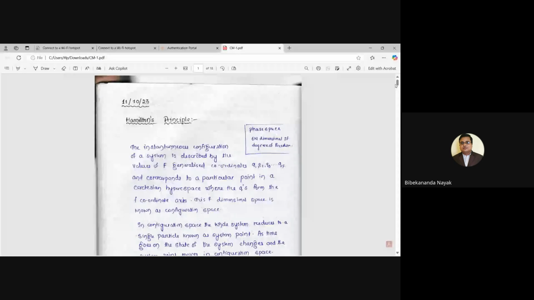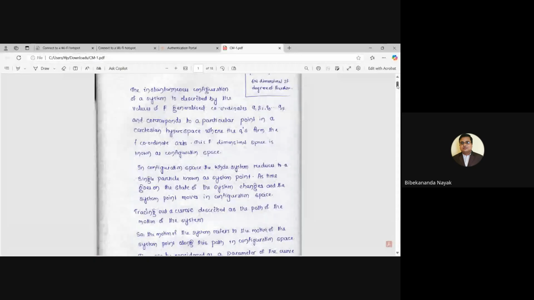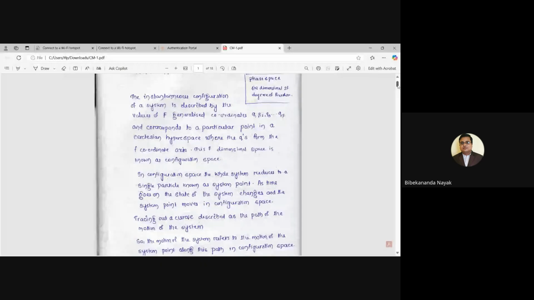So today we start from Hamilton's principle. We already discussed the Lagrangian formulation. In Lagrangian formulation, we first calculate the generalized coordinate q, then the generalized momentum p, which is called conjugate momentum, and then calculate the Lagrangian as a function of q and q dot, the generalized velocity.